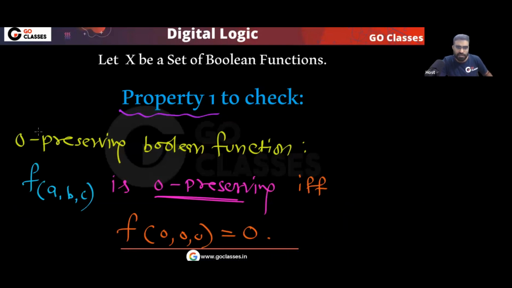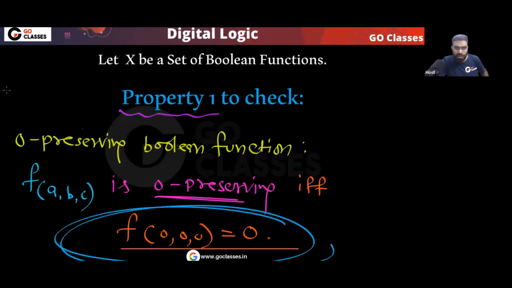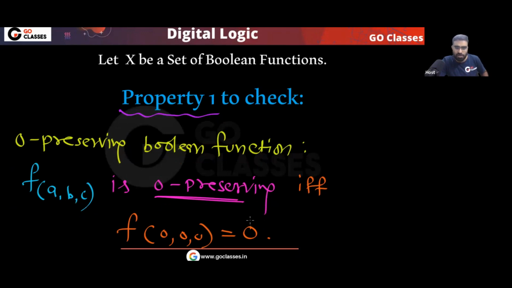When can I say a function is zero preserving? A function is zero preserving if and only if you replace all the variables by 0 and the function value will be 0. This type of function is called a zero preserving Boolean function.